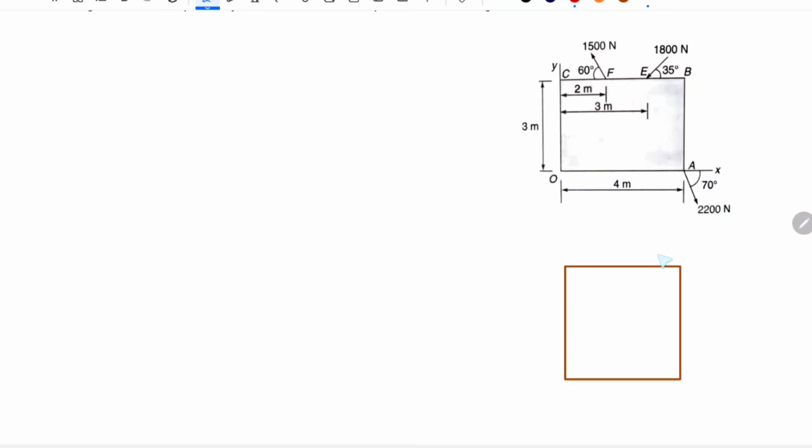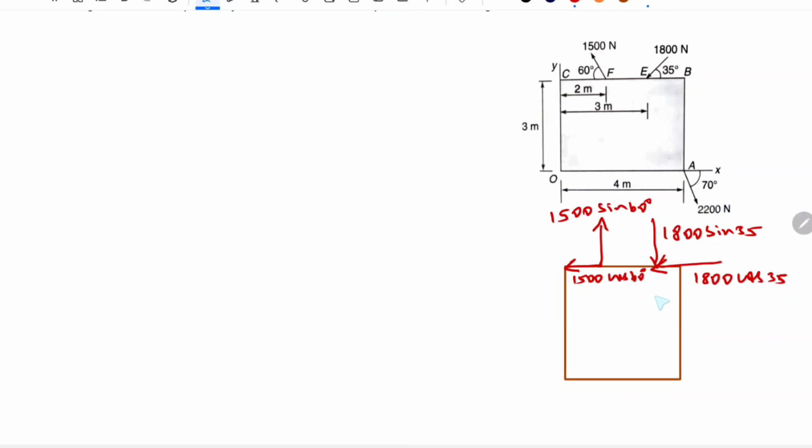So, we have 1800 Newton in the inclined direction here. I am making it as 1800 cos 35 and 1800 sin 35. Then here we have 1500, so 1500 sin 60 degree and 1500 cos 60 degree.